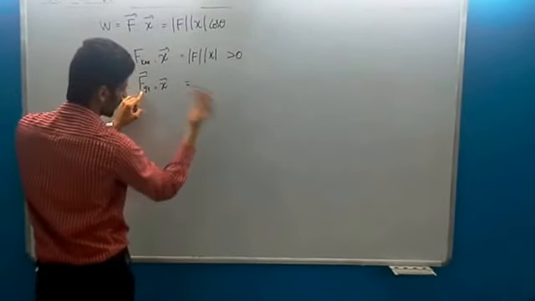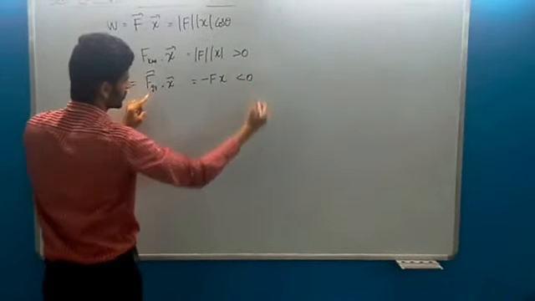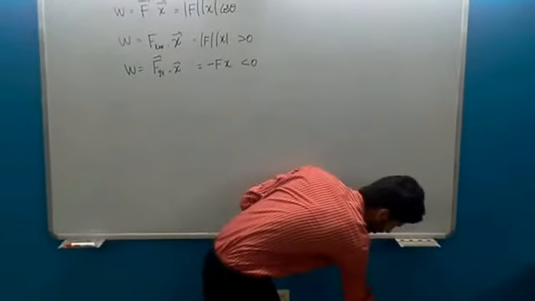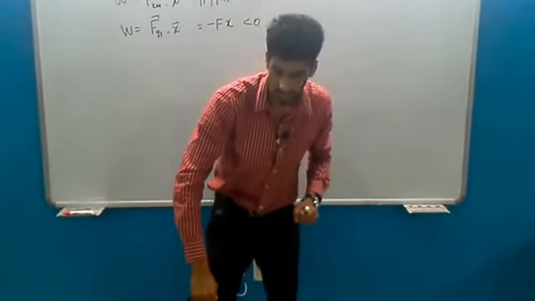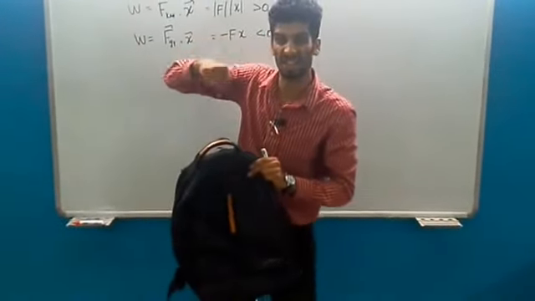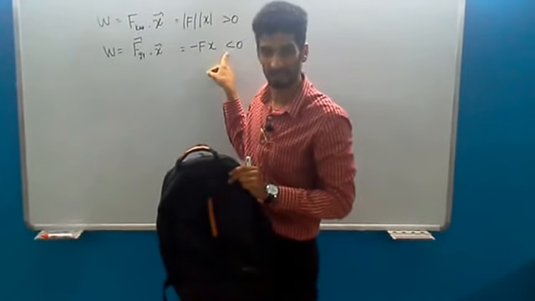So that's why cos 180 is minus 1. So minus F x, which is lesser than 0. That means when I lift this bag up, I'm doing positive work, and exactly at the same time, the gravitational force is doing negative work.